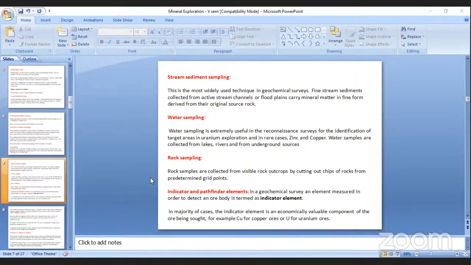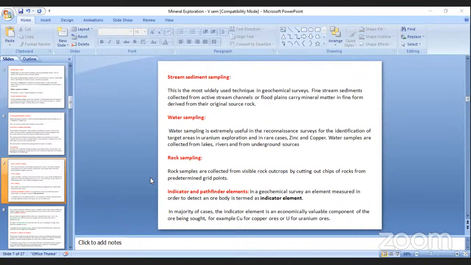Whether you are collecting water from boreholes or open wells, before collecting the water sample you have to wash the bottle with the same water. Then you can take the water sample and use it for different purposes.